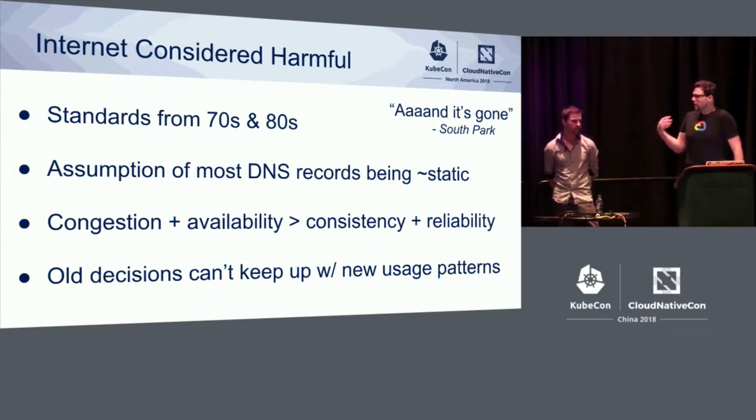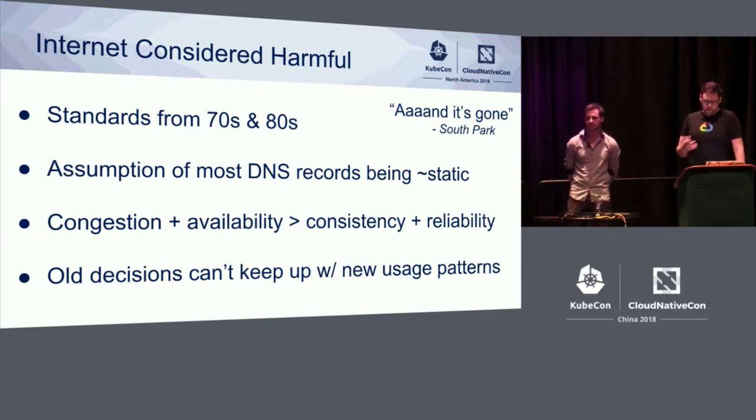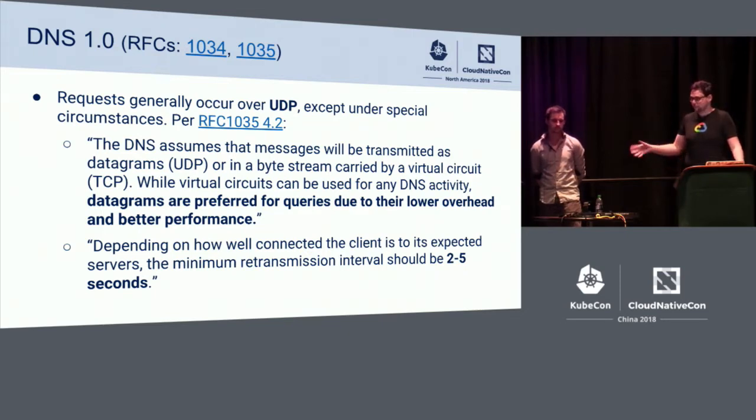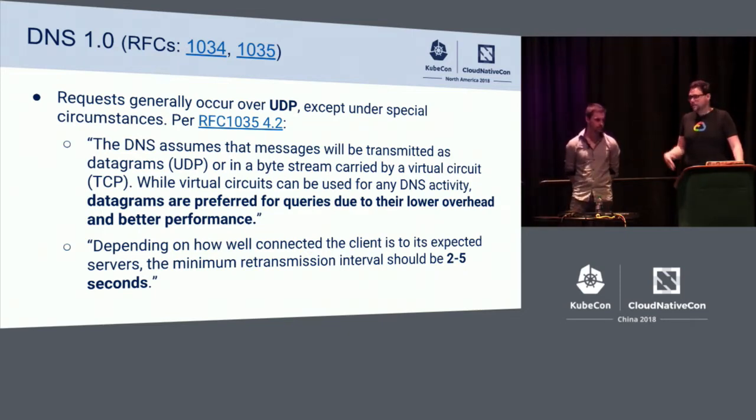So all of the decisions made back then actually made a lot of sense at the time, but time's arrow moves ever forward, and so do the requirements of this critical abstraction. Case in point, Kubernetes. Adoption took off, and some old decisions have not scaled to modern uses. For example, in the original DNS RFCs 1034 and 1035, they specify that the implementation should generally try to prioritize overall network load over performance or availability, meaning that UDP should be preferred over connection-based schemes like TCP, and that retransmission intervals should be generous.